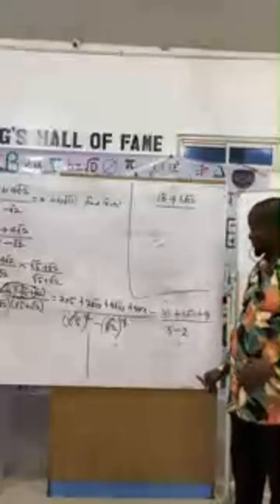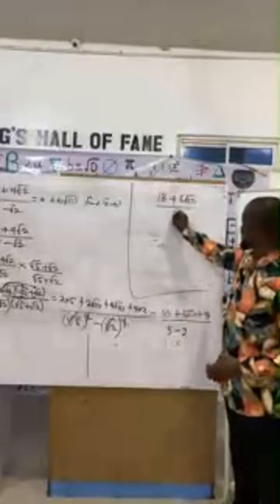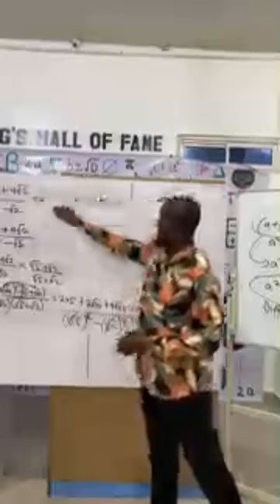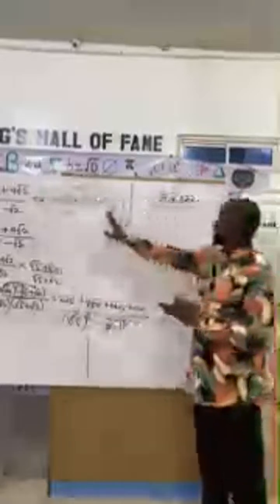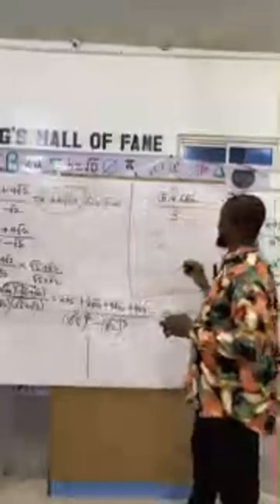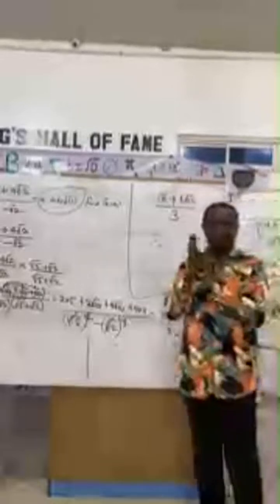Do you understand? Yes. 5 minus 2 is 3. Don't forget the rule that we are having. This is our target. Our answer should be of this form: A plus B root 10. So at this level, we can split this from your observation.